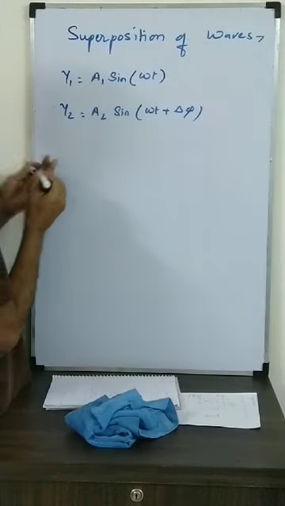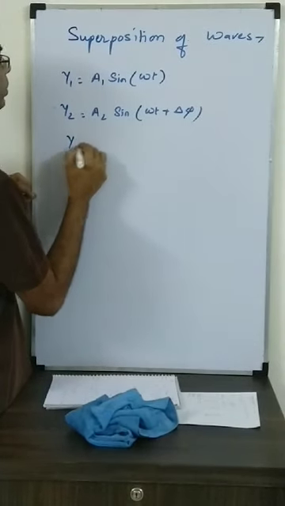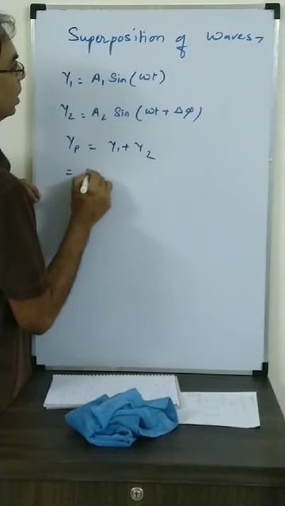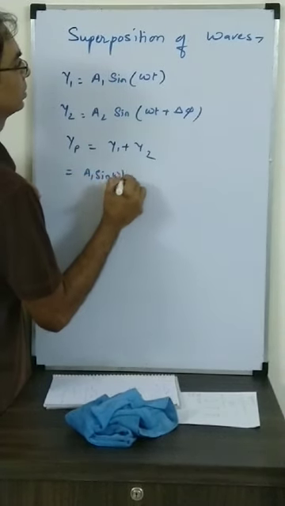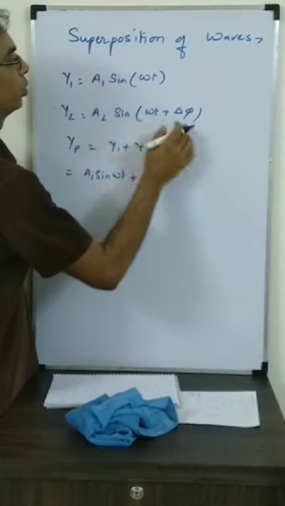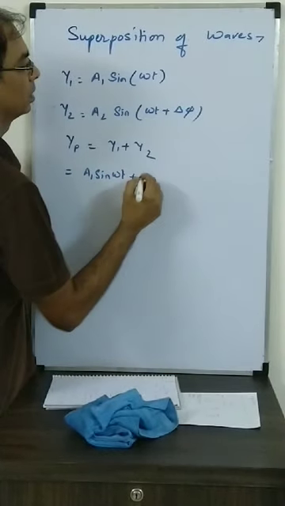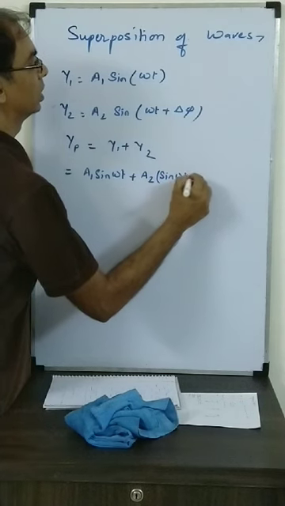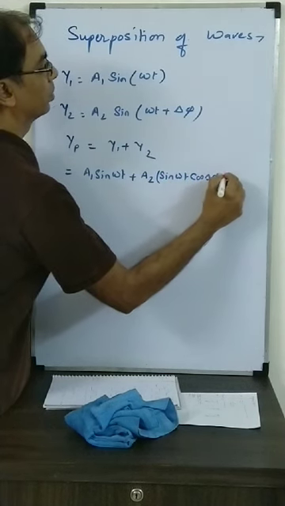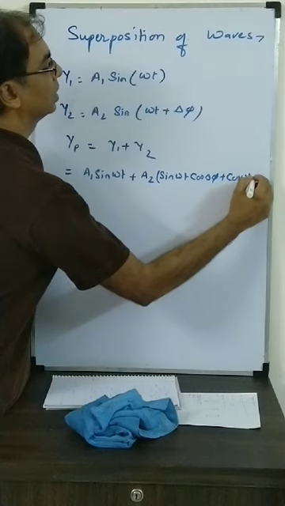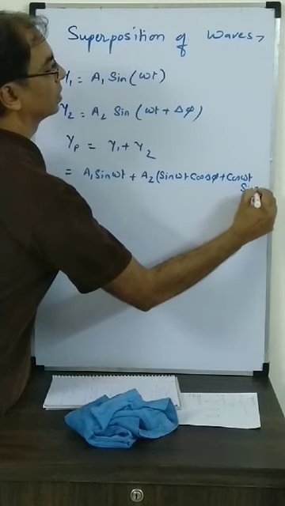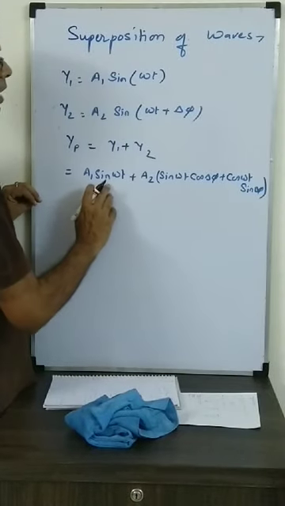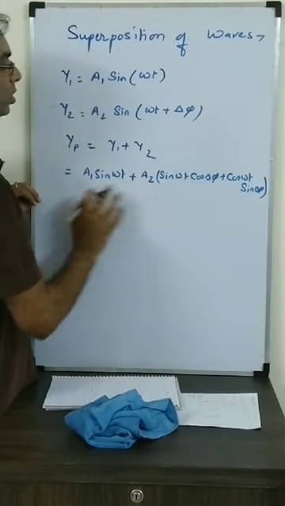So yp equals y1 plus y2. The y1 value is A1 sine omega t. This second term I am going to open, using sine of a plus b, so it comes as A2 sine omega t cos delta phi plus cos omega t sine delta phi. Now sine omega t among this we will take common.